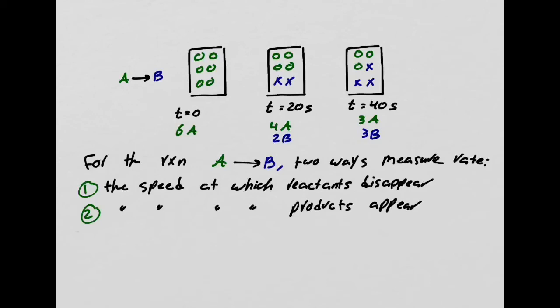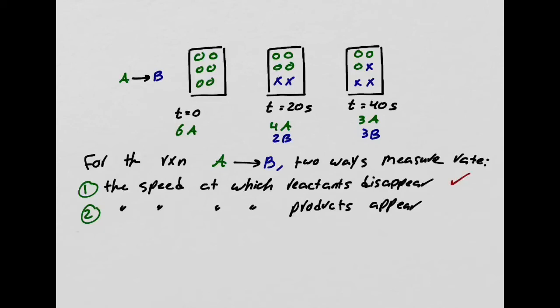I'm going slow because kinetics can be tricky. I want to make sure you understand every step before we move on. So there's two ways to look at it, as you can kind of see in this picture. I can look at how many of A is going to go away, or I can look at how many B is going to be forming. Now, which one is the better way? The better way of doing it is this one over here. This is a better way, okay?